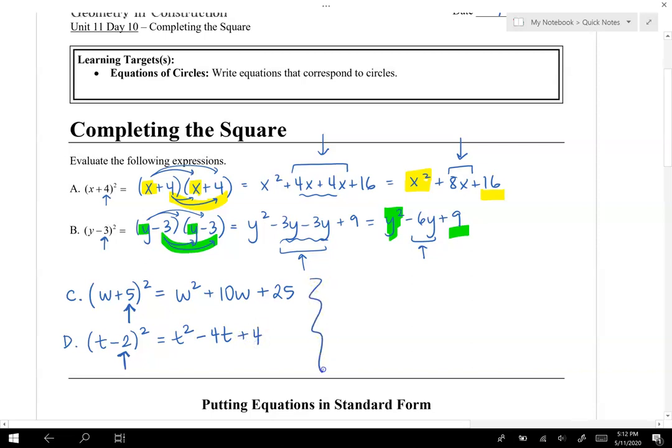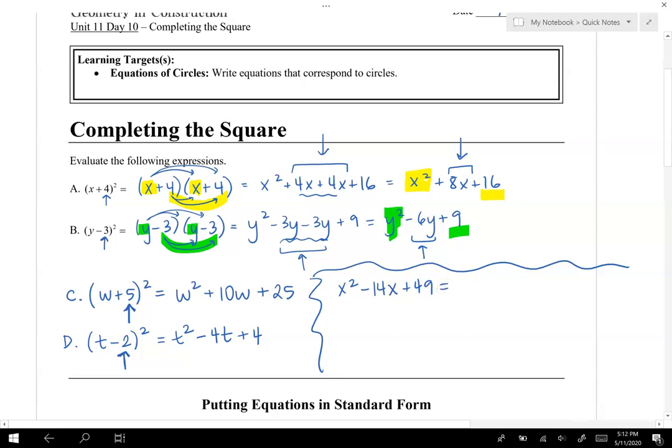All right, so I'm going to ask you to actually try to do this backwards. So let's say I have something like, let's see, what's one we haven't done yet? X squared minus 14x plus 49.